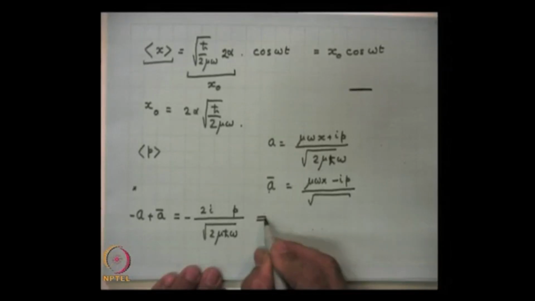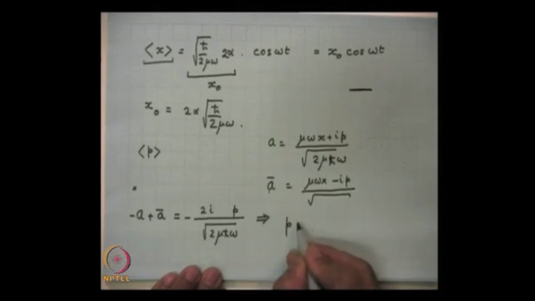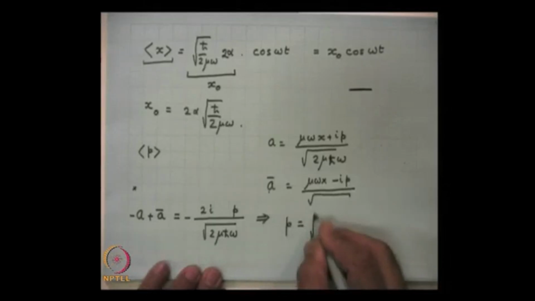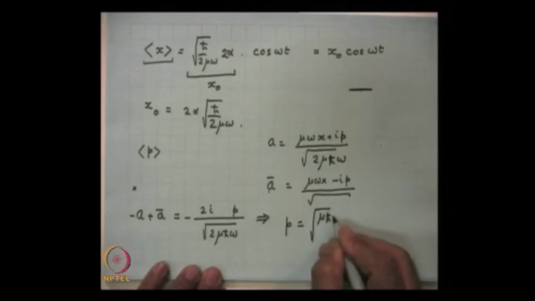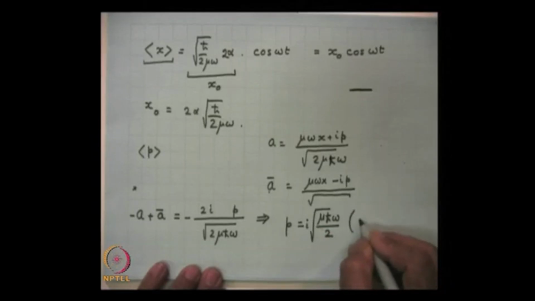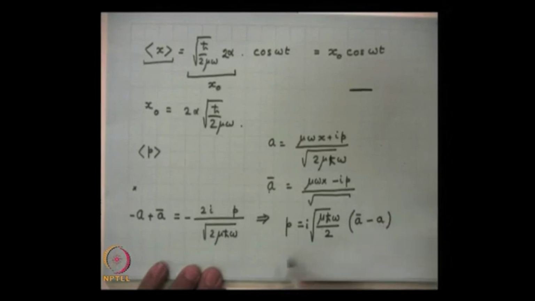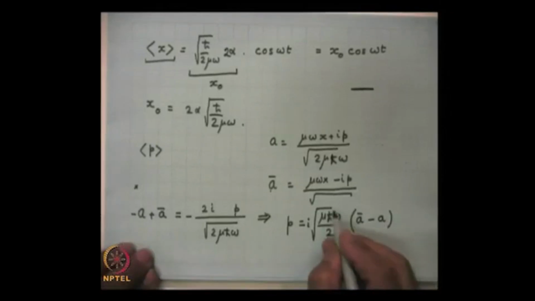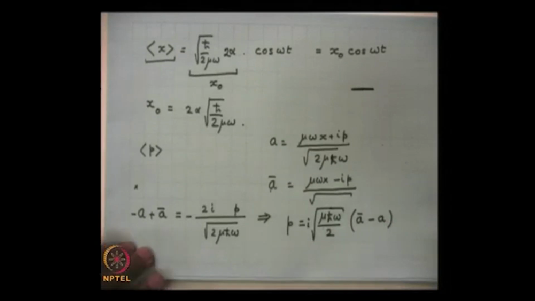So, as we had done before, p is equal to under root of mu h cross omega by 2 times I multiplied by A bar minus A. So, this is the representation of the operator P. Having found that, let me rewrite this once again.